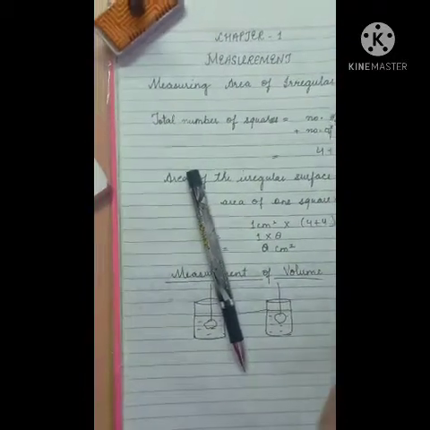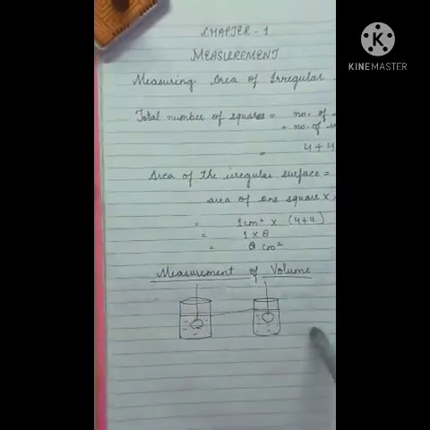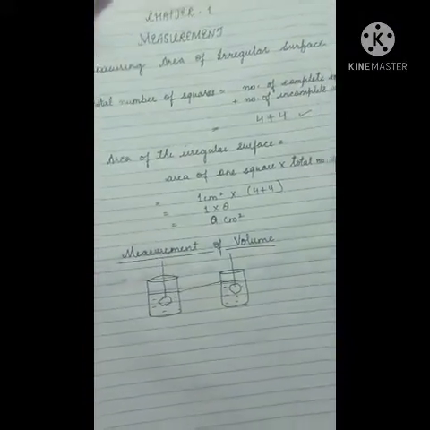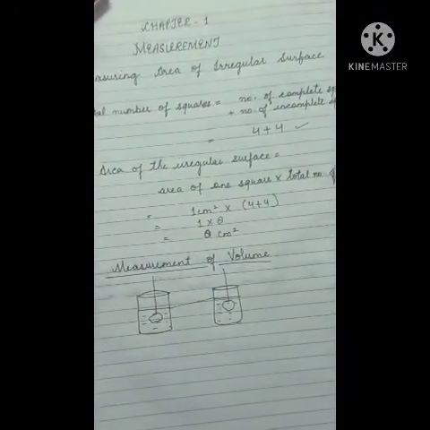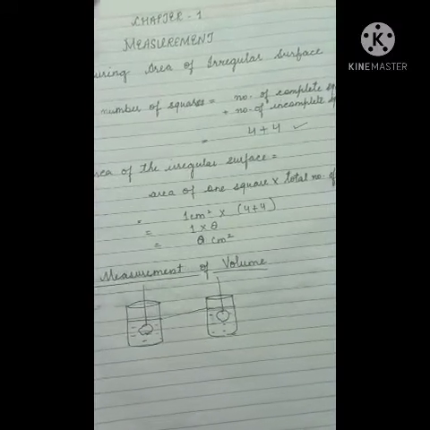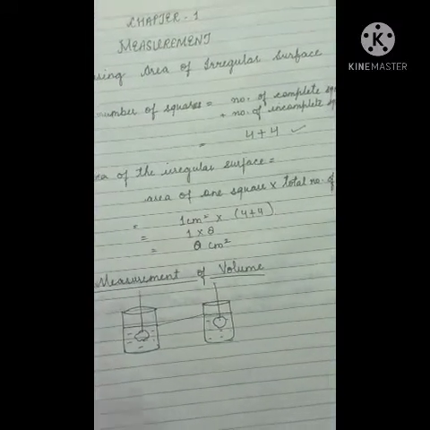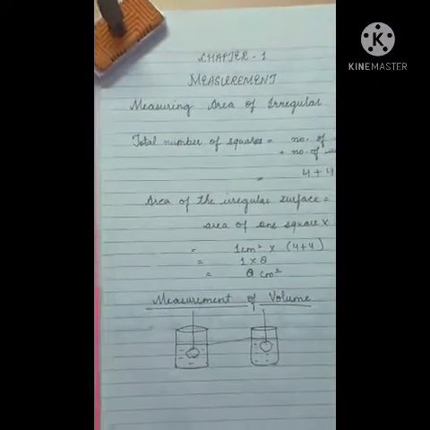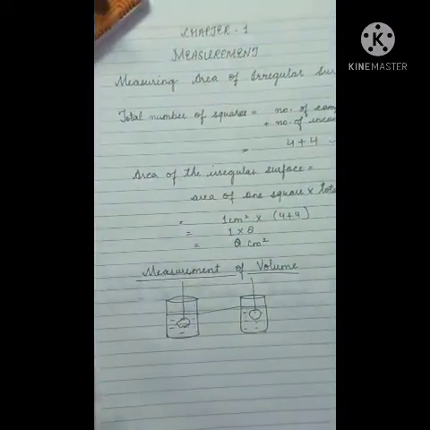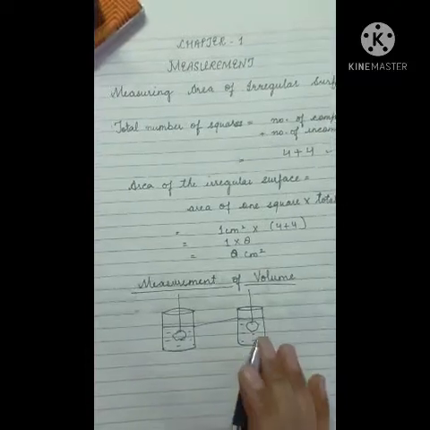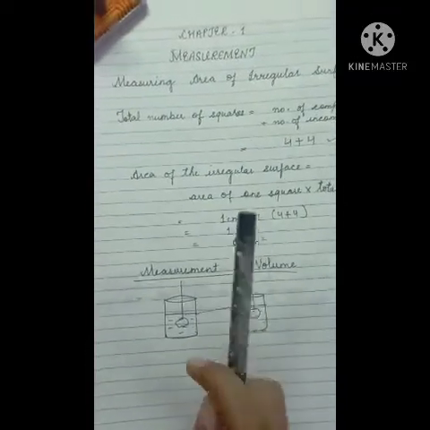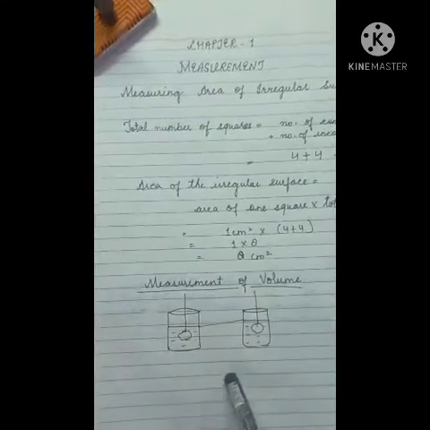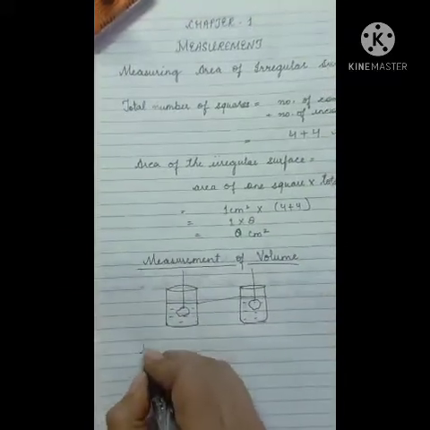But every object occupies space. So the space occupied by an object, whether it is solid, liquid or gas, is called its volume. What is volume? The space occupied by an object is called the volume.